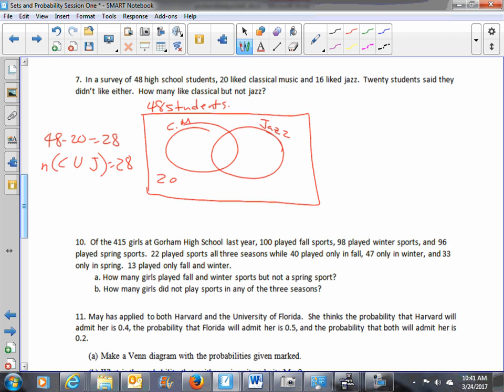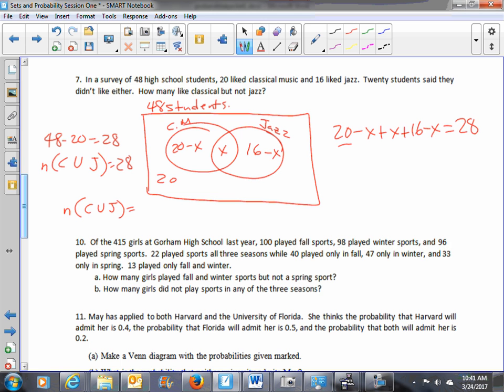Now we know that the number of students in classical music union jazz lovers is equal to, now let's do this. Let's let this be X. Then this would be 20 minus X, and this would be 16 minus X. And we know that 20 minus X plus 16 minus X is going to be equal to 28.